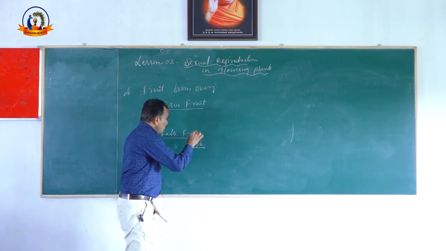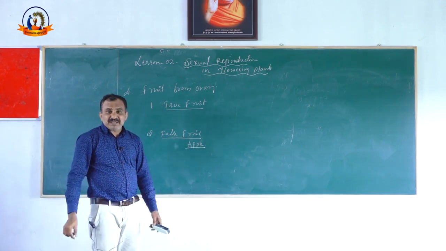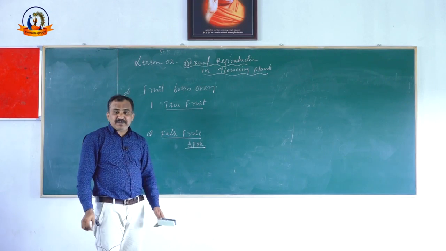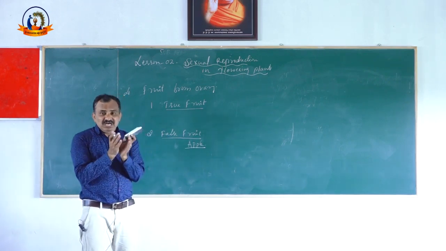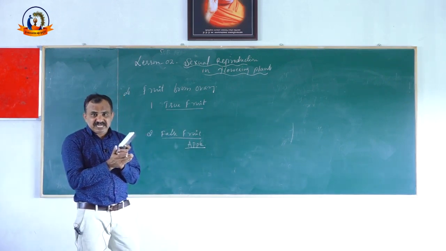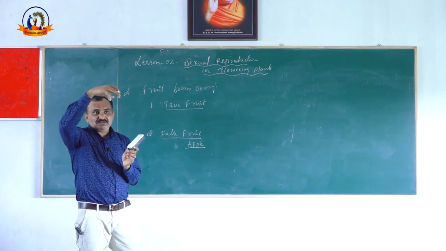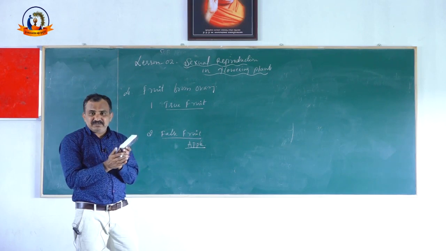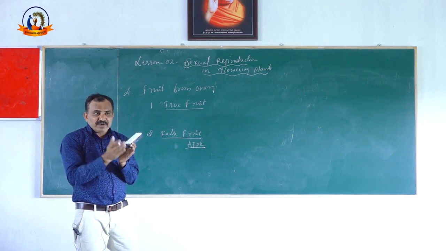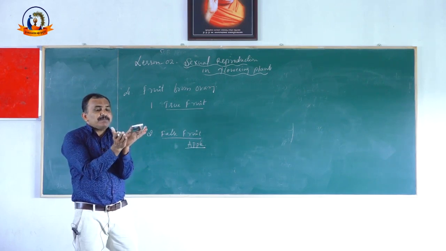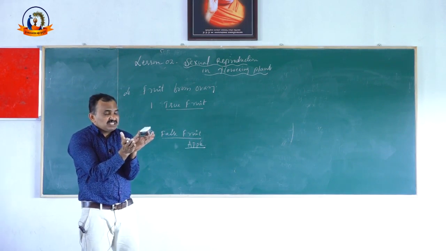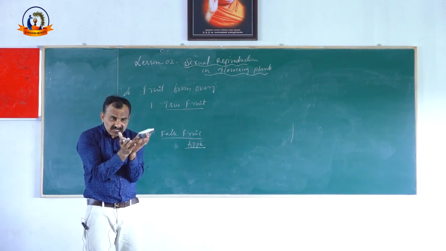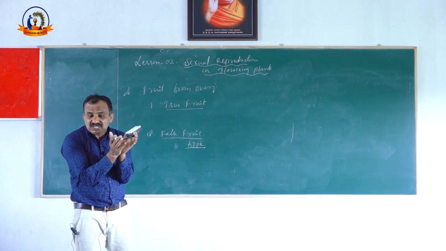An example for false fruit is apple, because apple is developed from a cup-like structure called thalamus. Right? Imagine the gynoecium. The basal part of gynoecium is ovary. The ovary rests on a cup-like structure. That cup-like structure is called thalamus.